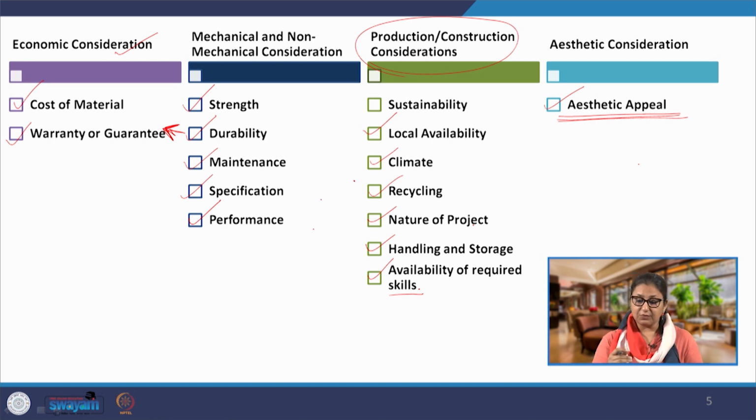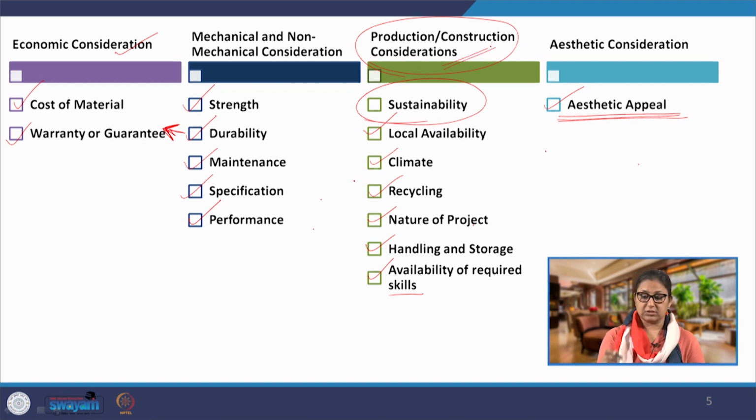All these factors come under production or construction considerations, and we have put sustainability as a separate factor, which sometimes includes some of these factors, but other times we are actually talking about the emissions that accrue from the production of the material. So, we are looking at the emissions during the process of manufacturing of this material as the most significant factor.